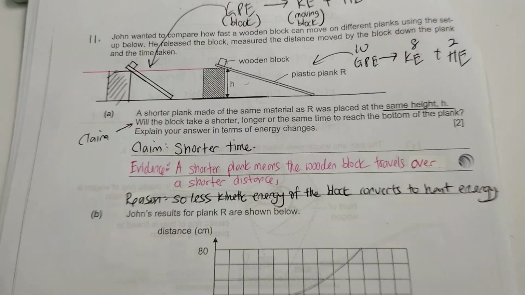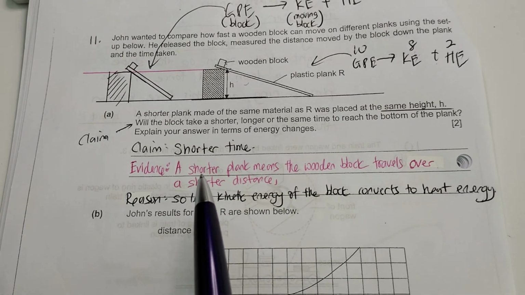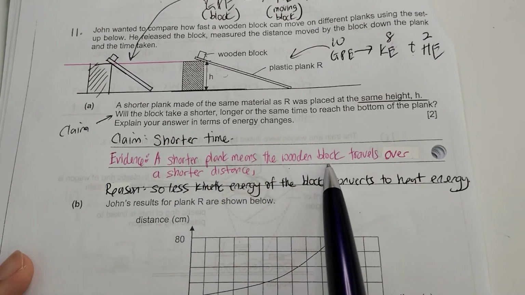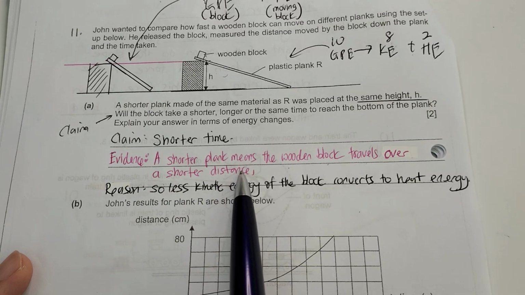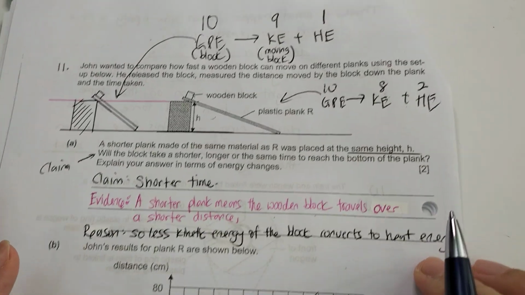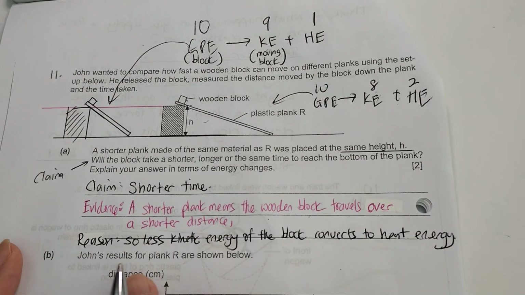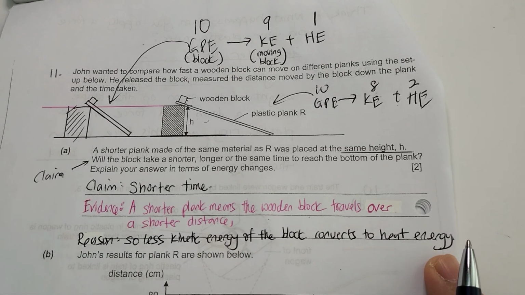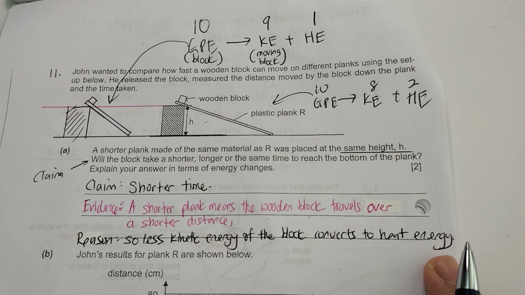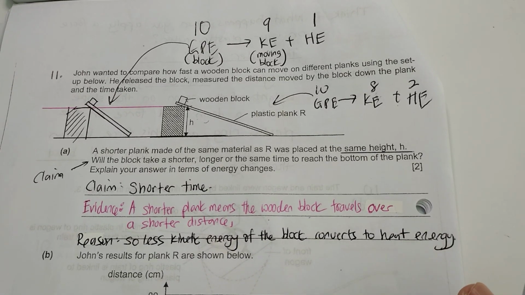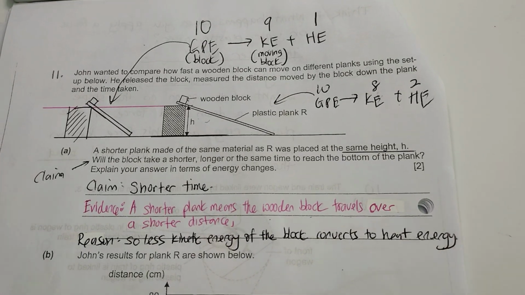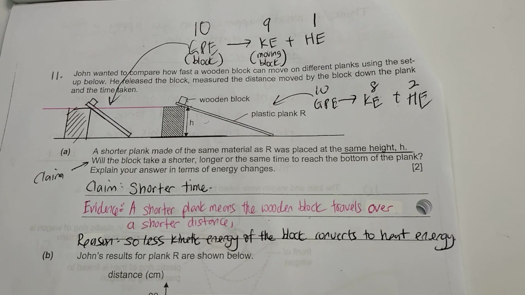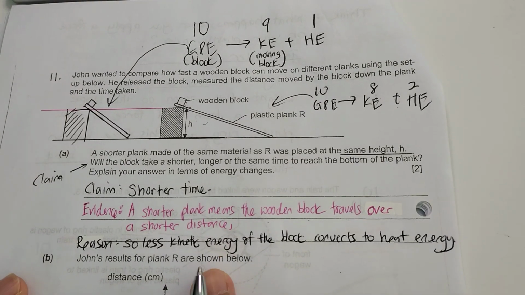So claim: shorter time. Why is a shorter time taken? Evidence: a shorter plank means the wooden block travels over a shorter distance. So what if we travel across a shorter distance? Less of the energy converts to heat energy. Understand? So here actually, I think I made a mistake.